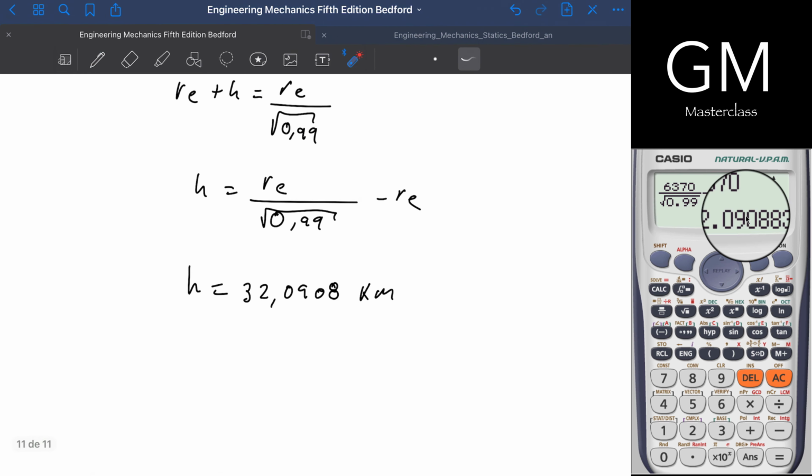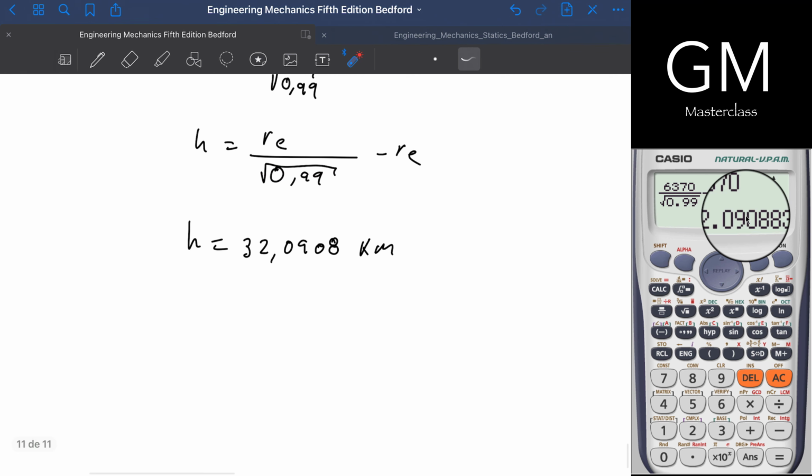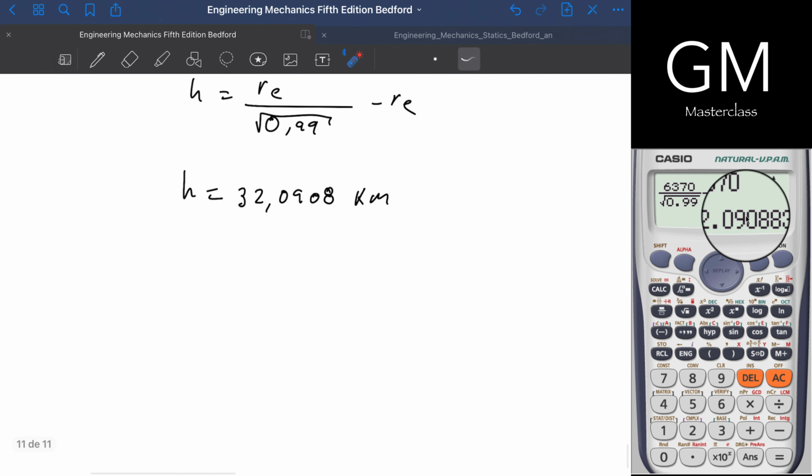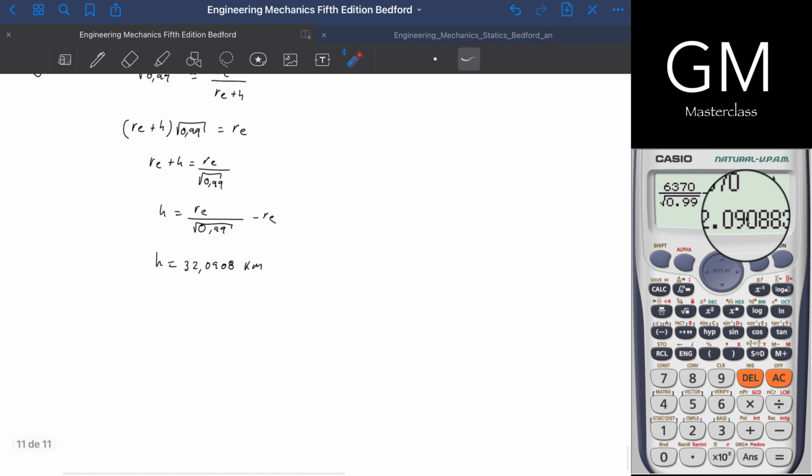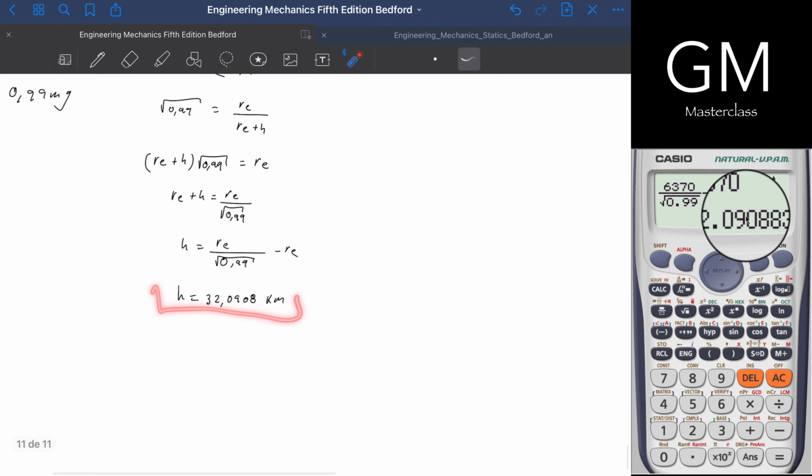Why kilometers? Because this R_e is given in kilometers and this square root has no units. If you are asking yourself, I always use four significant digits after the point, so that is why I'm writing the result like this. And that's it, guys. That is the result.